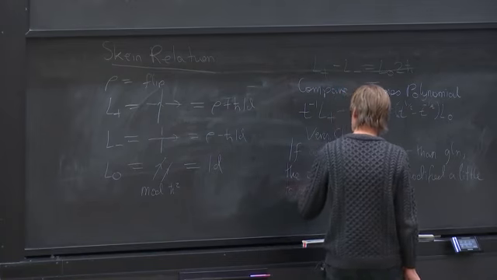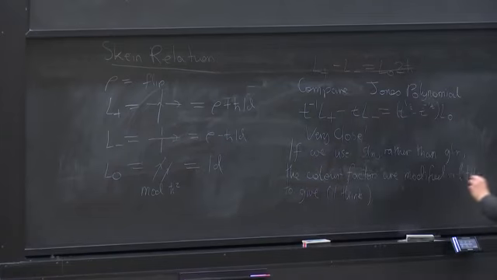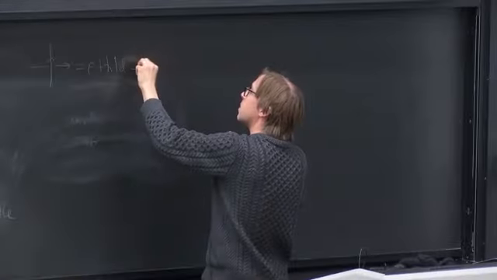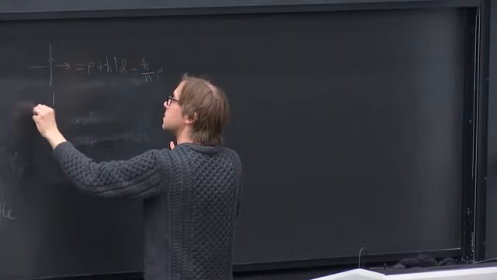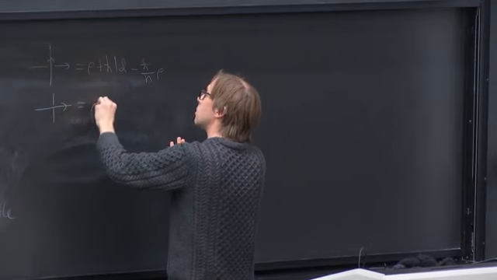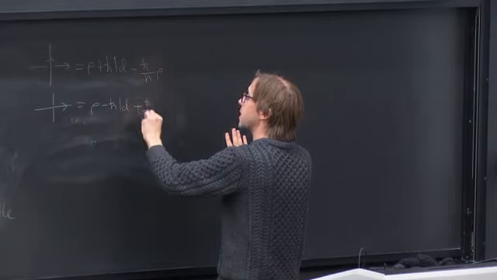This is some small little calculation with writing down the color factors for SLN. This guy will be rho plus h bar times the identity minus h bar over n rho. Rho minus h bar times the identity plus h bar over n rho.